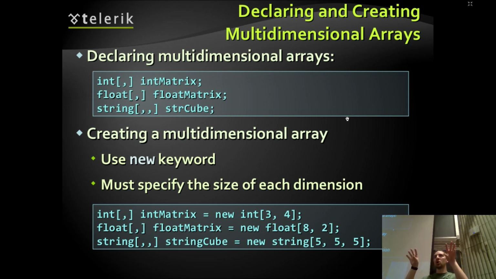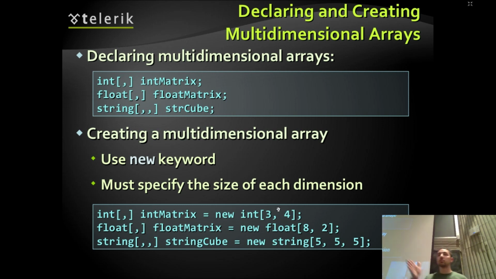That's 2 numbers, 1 on either side of the comma. 3 dimensions, 2 commas. I think we can see where this is going. For n dimensions, how many commas must you have? N minus 1.